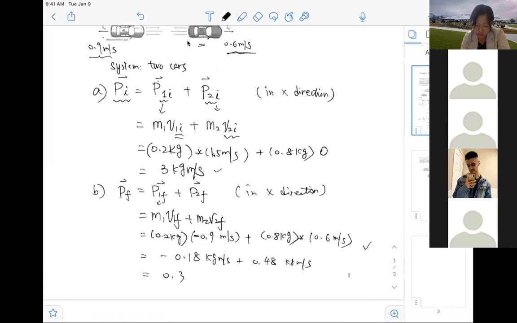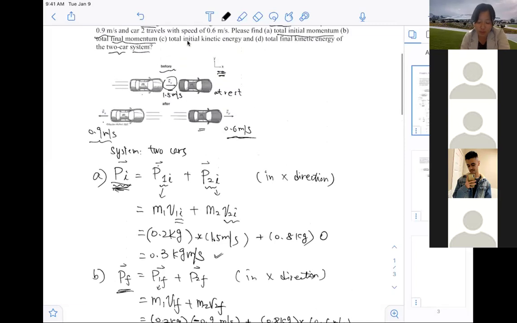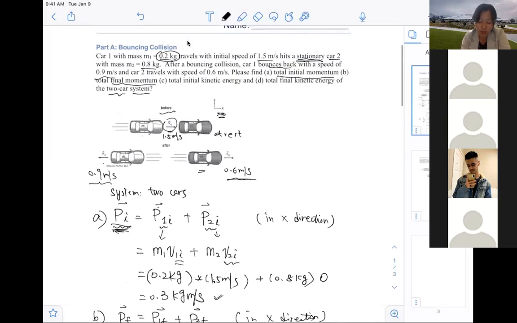For part A, I got 0.3. Right, so yes, thank you. They are equal, as you can show that the initial and the final momentum of the two cars are the same for this bouncing collision, okay? So that's 2A and B.